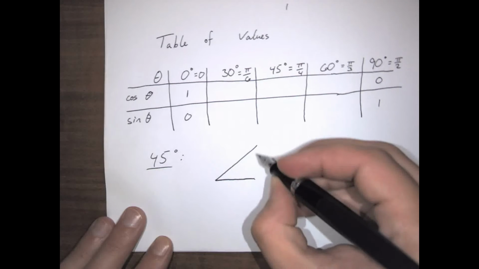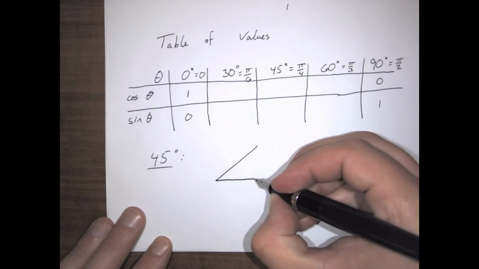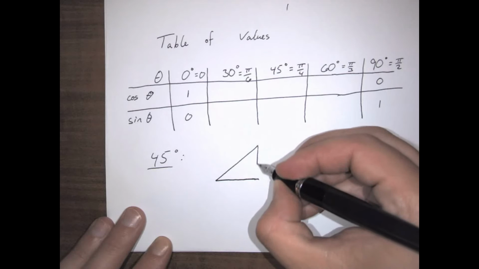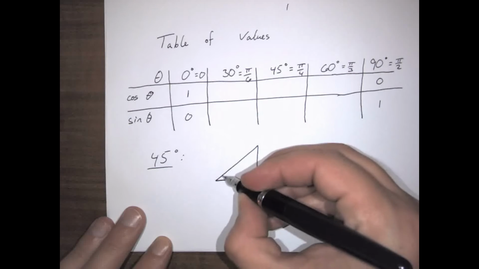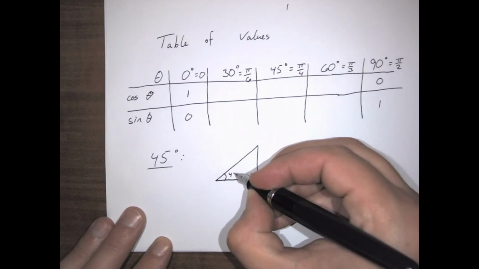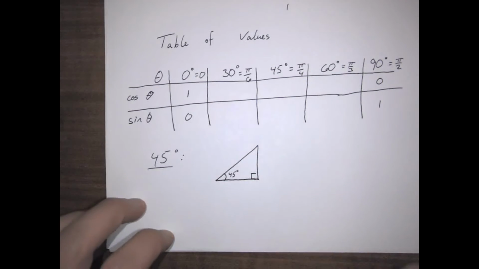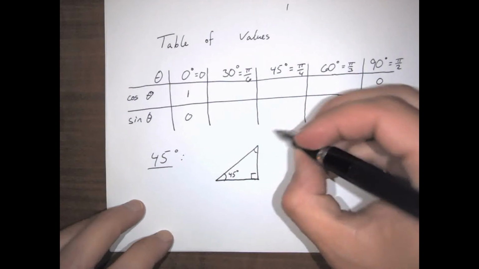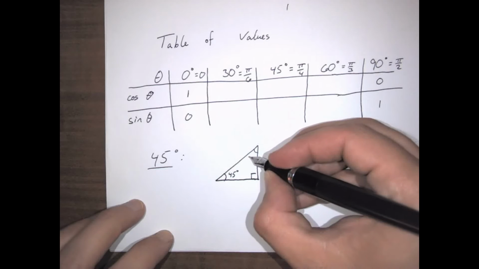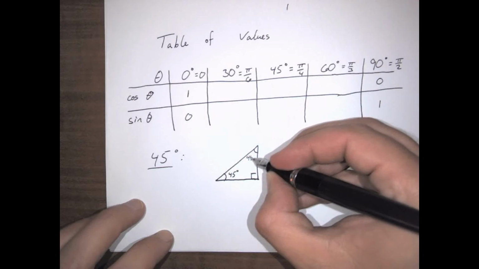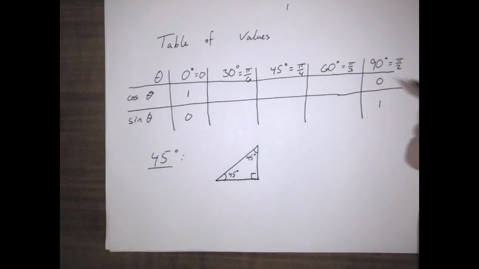We'd be talking about the place on the unit circle that has a 45 degree angle there, but it would also then have a 45 degree angle here. So this is an isosceles triangle, a triangle that has two copies of the same angle.